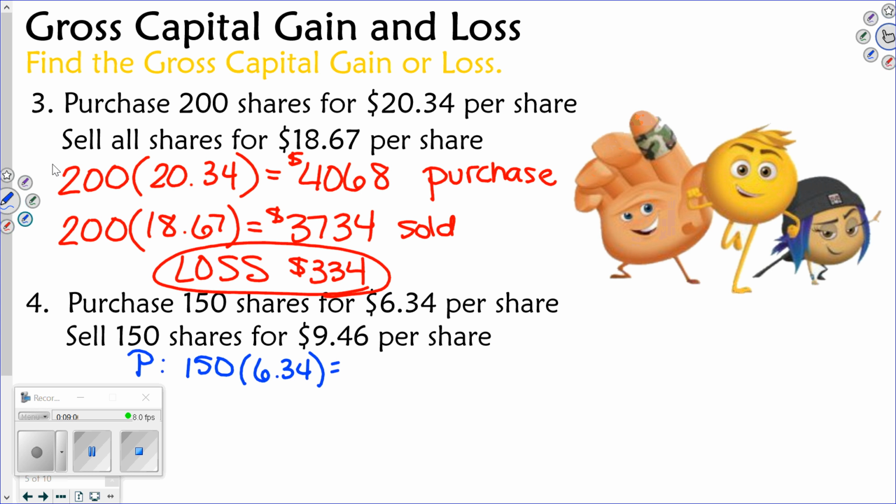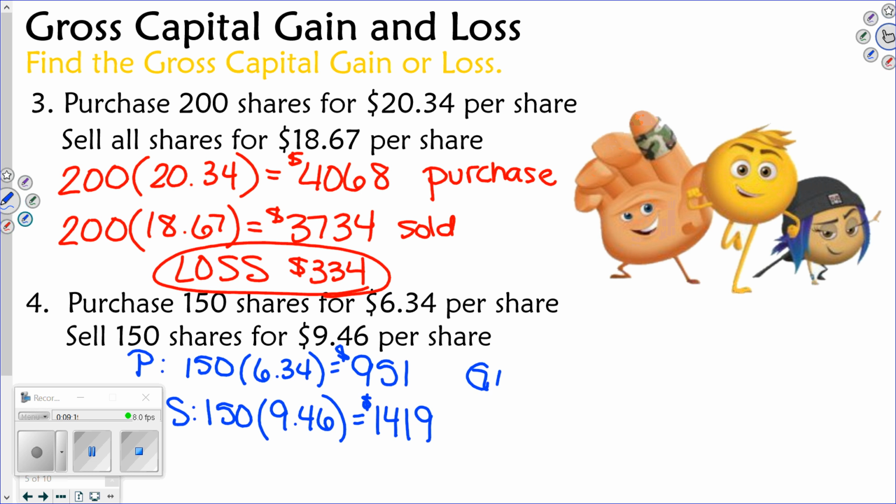Good, 951. And then I sold 150 shares for 9.46. How much did I get when I sold them? Good. So we already established that was a gain of how much? 468.